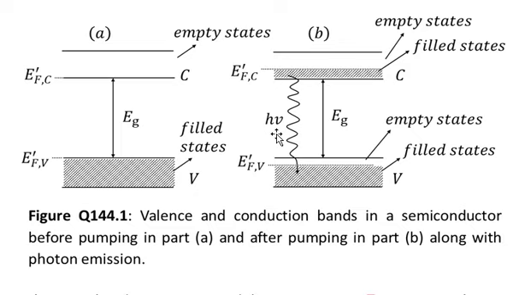And the emission of a single frequency photon has been shown when the transition takes place from the conduction band to the valence band. So when an electron moves from the conduction band to the valence band, a recombination process takes place between the electron and the hole, and a photon with a frequency h nu will be produced.